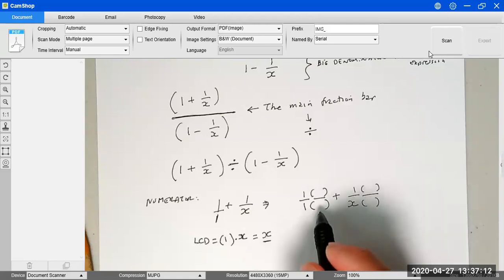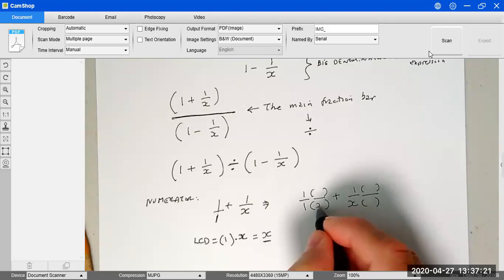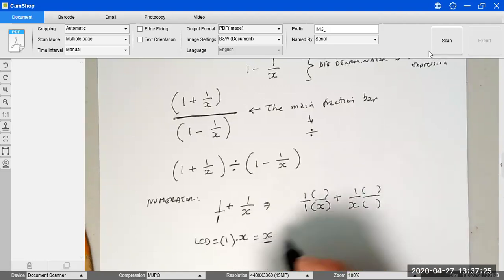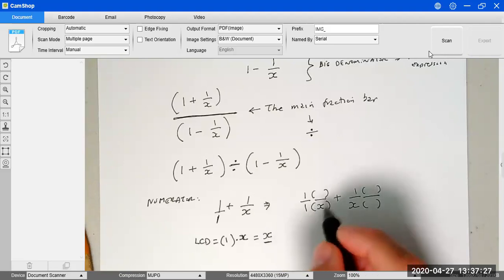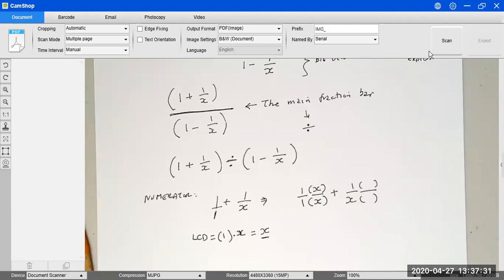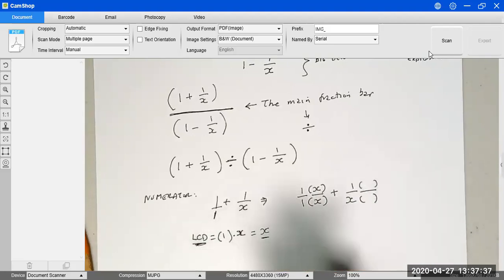What is the factor I need to use here to convert this denominator into x? I need to multiply by x, right? Because 1 times x is going to give me x. But if I multiply this denominator by x, I need to multiply also the numerator by x. So now I have this denominator to be my least common denominator.